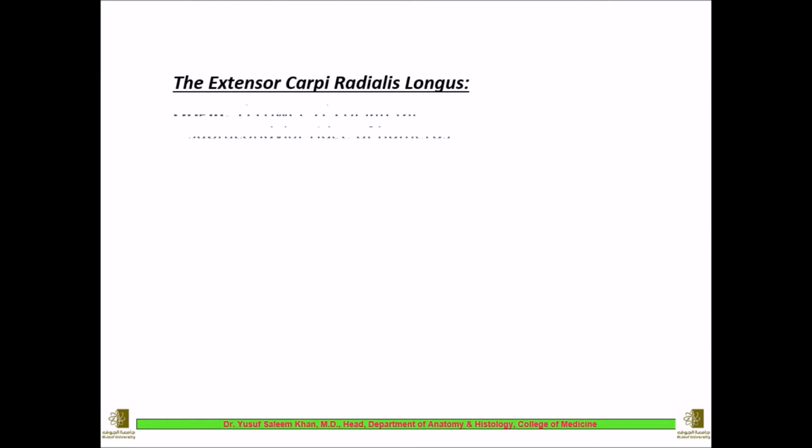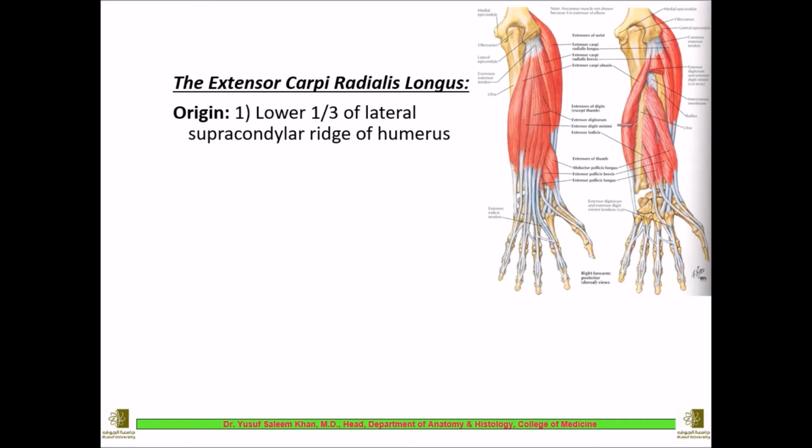Next, going to the extensor carpi radialis longus. That is the next muscle, which is just deep to the brachioradialis. Brachioradialis has been removed here, and now you can see the extensor carpi radialis longus. Then deep to that is the extensor carpi radialis brevis. Extensor carpi radialis longus takes origin from the lower one-third of the same lateral supracondylar ridge.